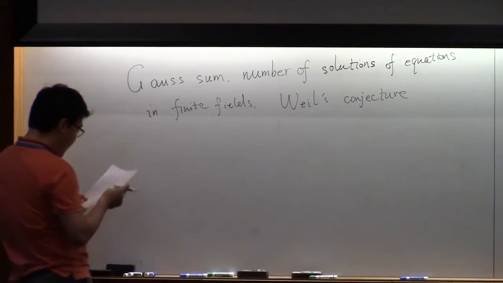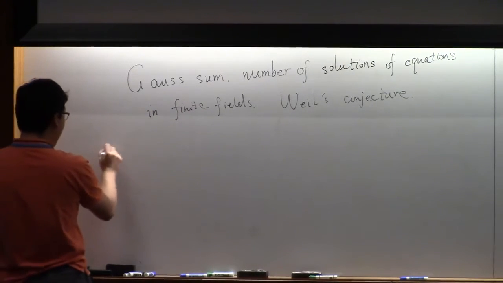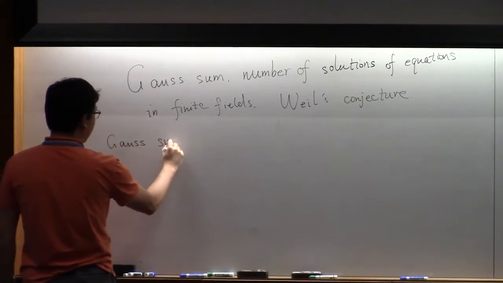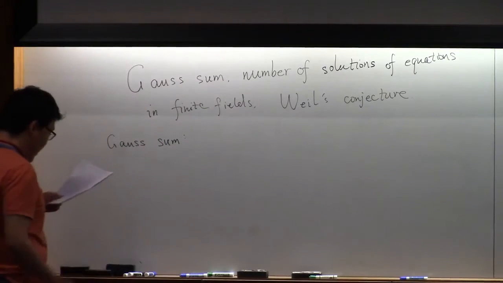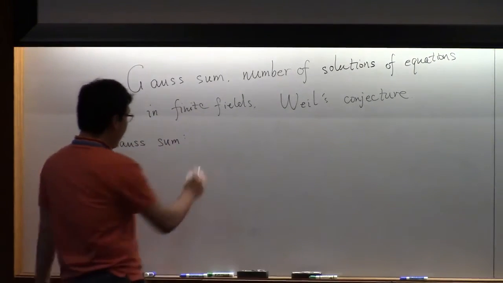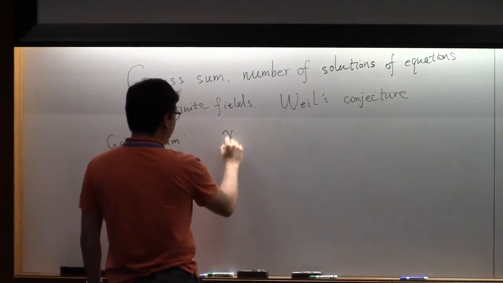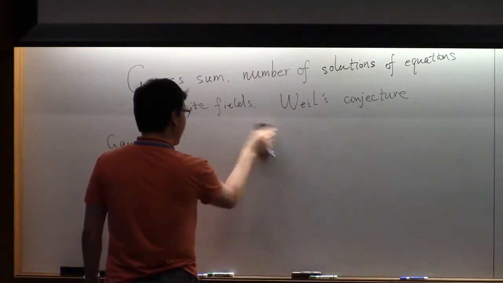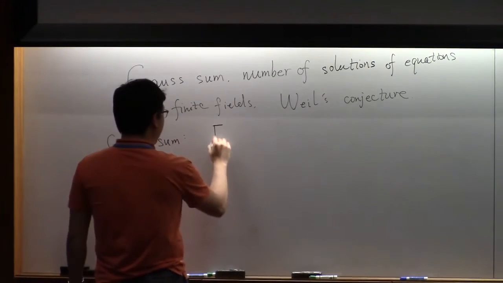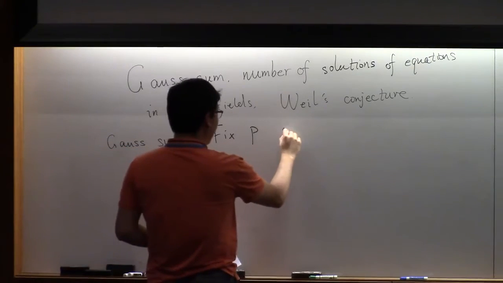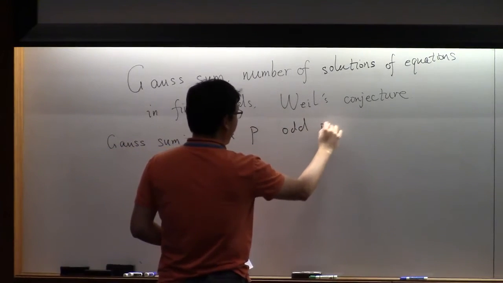So first, the Gauss sum. The Gauss sum is defined for a character. Suppose I fix a prime p, and I assume that p is an odd prime.